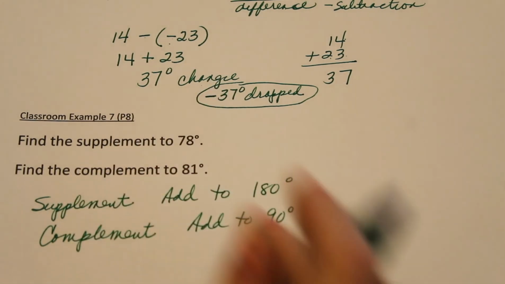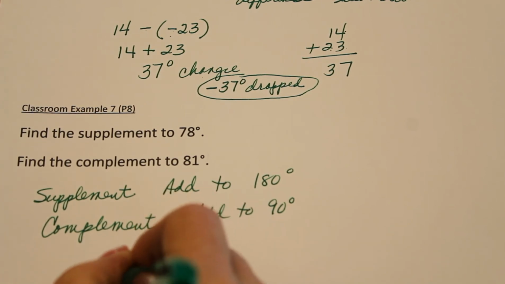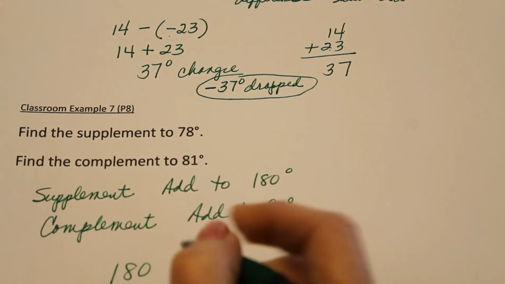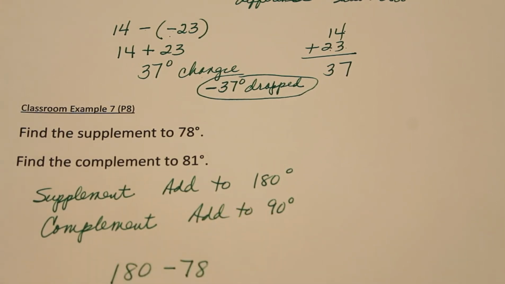So let's find the supplement of 78. In other words, 78 plus some number is going to equal 180. Or 180 minus 78. What two numbers added together are going to give you 180?